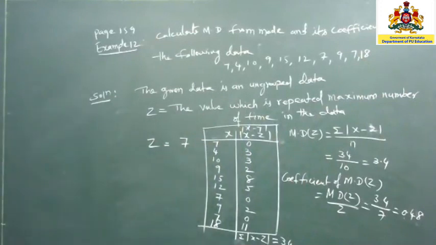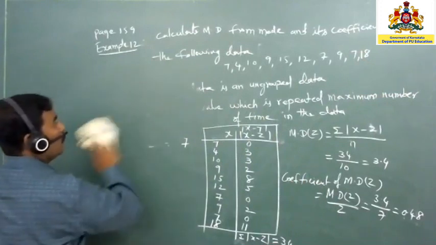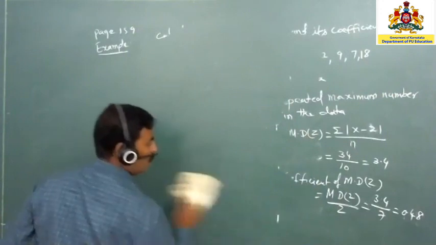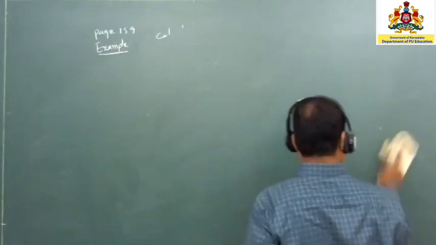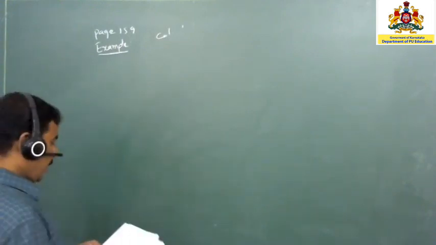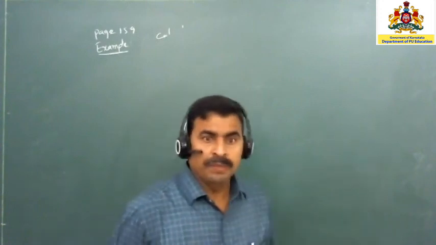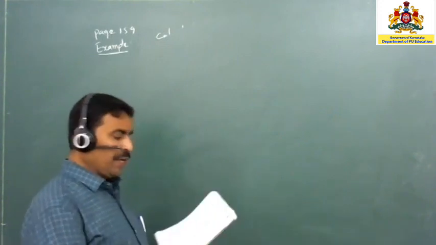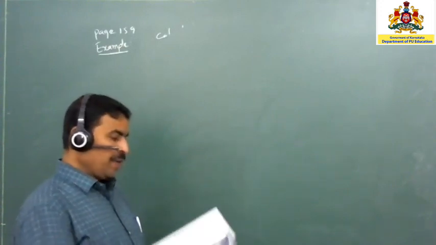For discrete data, mean deviation from mean, from median and mode. First I'll complete mean deviation from median.